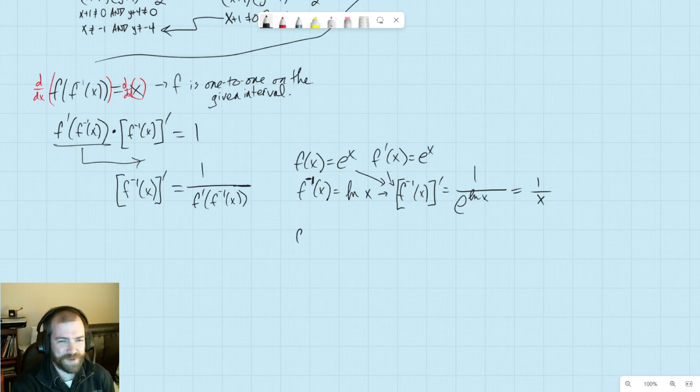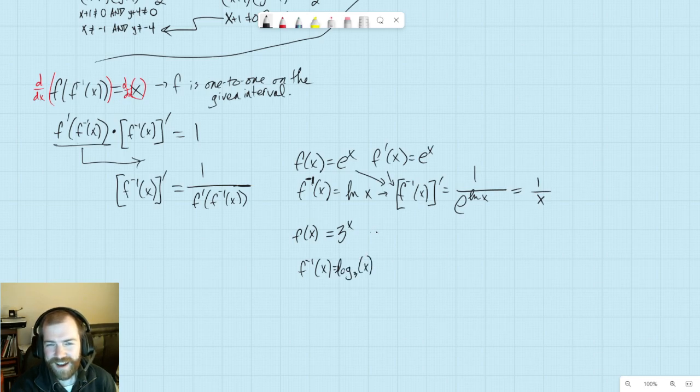Right? And this also works with literally anything else. So this is the log base 3 of x. Oh, no, sorry, that's not f. F is going to be 3 to the x, so therefore f inverse is going to be the log base 3 of x. And then we go with f prime of x is equal to also 3 to the x, but then times the natural log of 3.